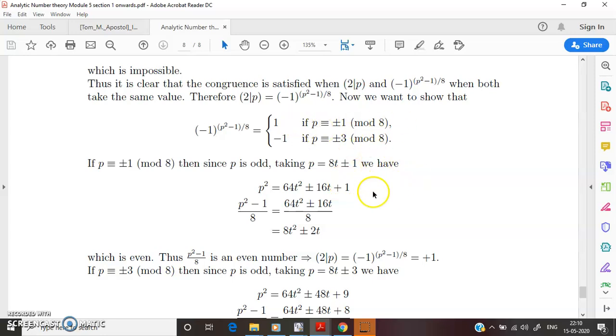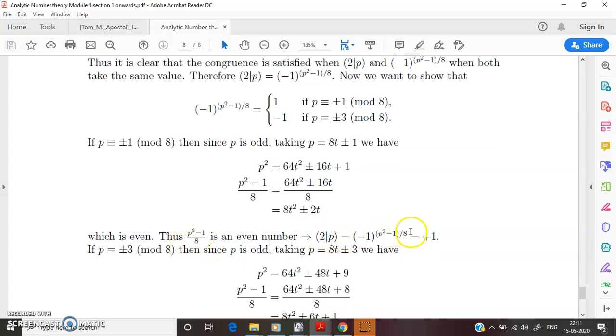So we will get p square equal to 64t square plus or minus 16t plus 1. Taking the 1 to this side and then dividing by 8, you will end up with 8t square plus or minus 2t, which is an even number. If this is even, then the exponent is even, so here you will get the value as 1.